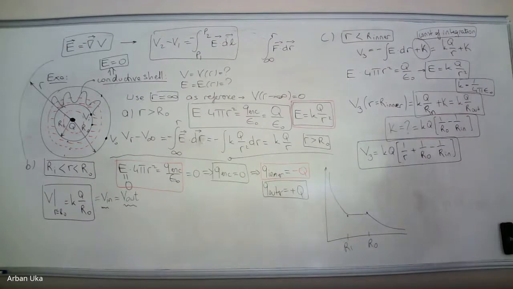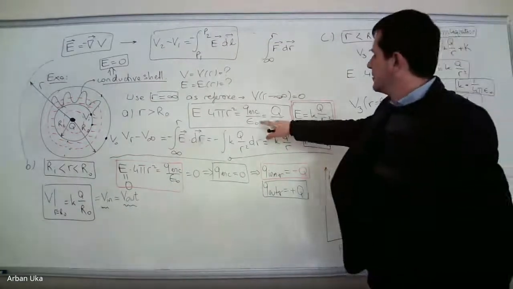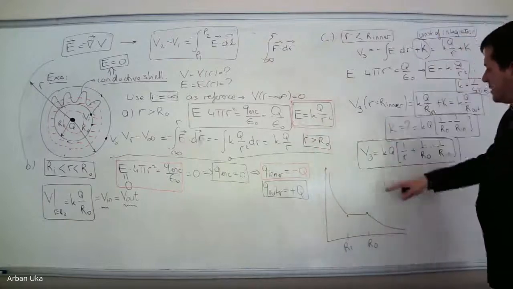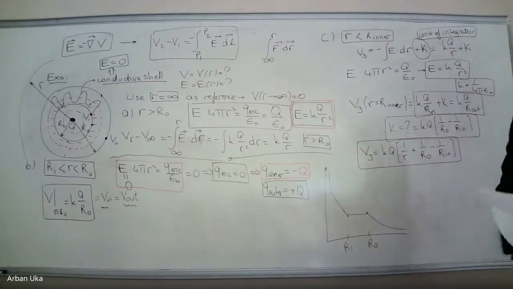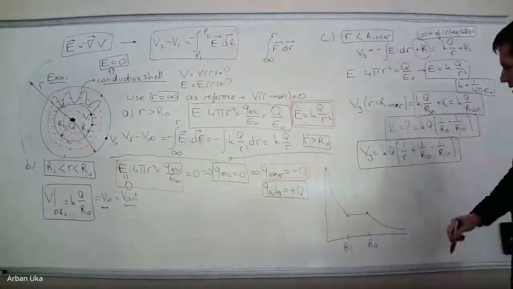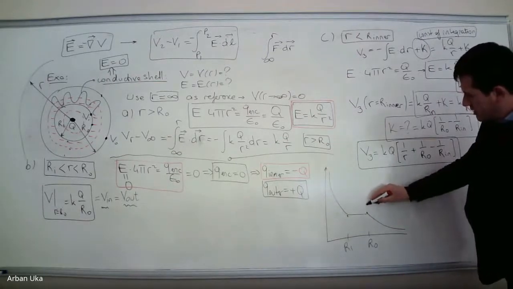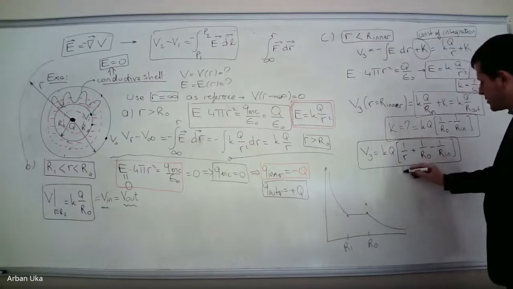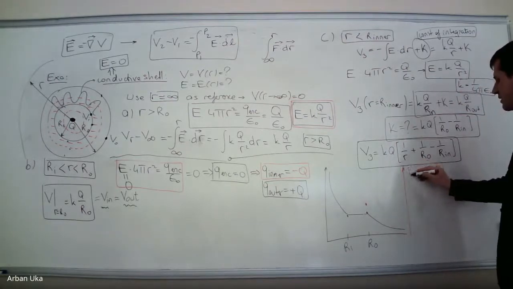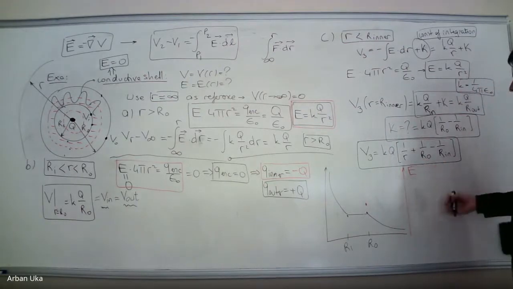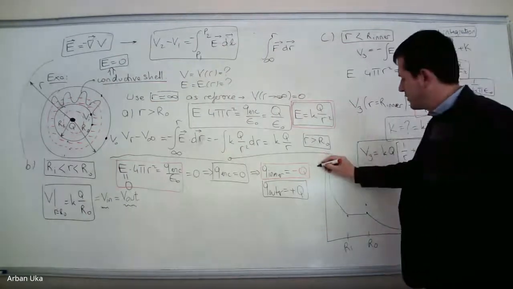But the electric field, let's do this one with a different color, is going to change as whatever the electric field value is. Let's assume that we are reading the electric field on this other axis. So here we have the potential.